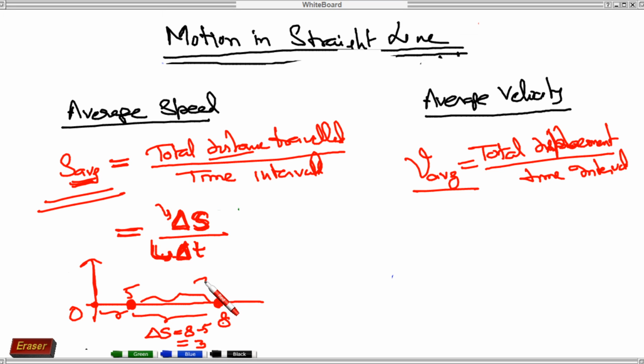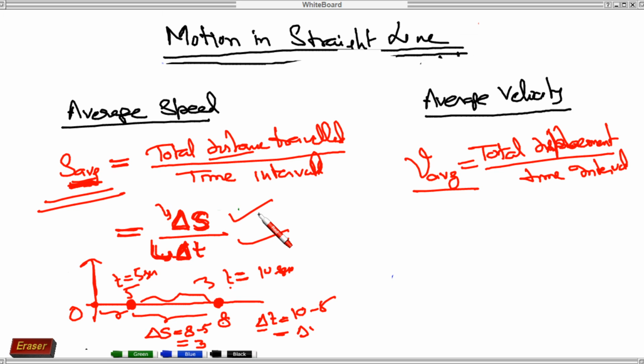And at t equal to 5 second it was here, and at t equal to 10 second it was here. So what will be delta t? 10 minus 5. So this is what delta S and delta T are.